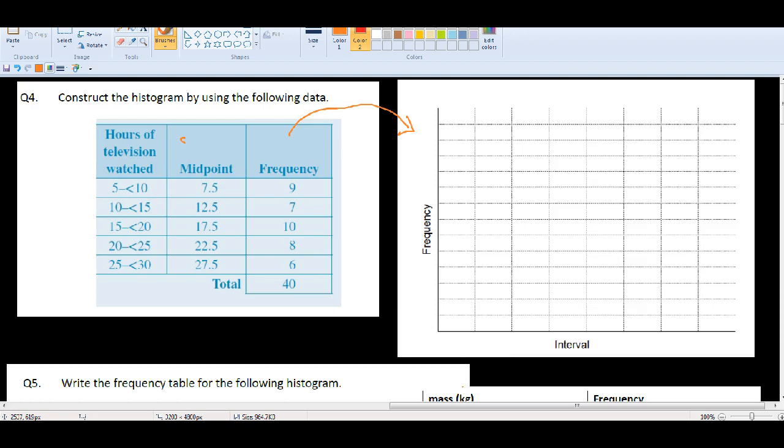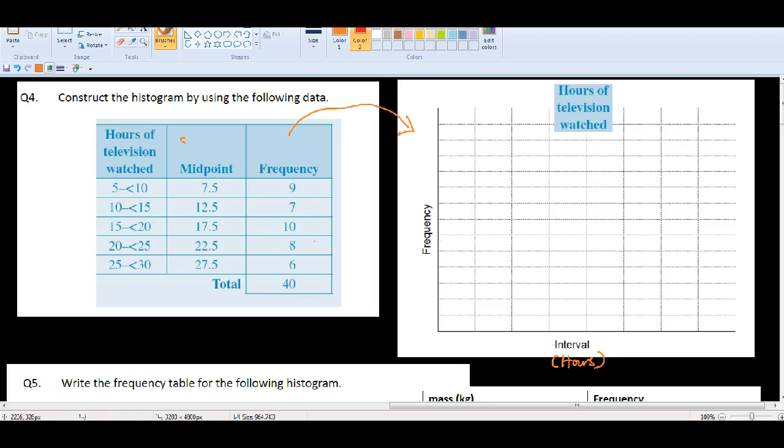Where is the first bar? The first bar should be one unit away from the vertical axis. Also I need to give a title to that histogram. So the title of the histogram should be hours watched. The interval here should be hours. So you write the units, and you also need a proper scale for that frequency.